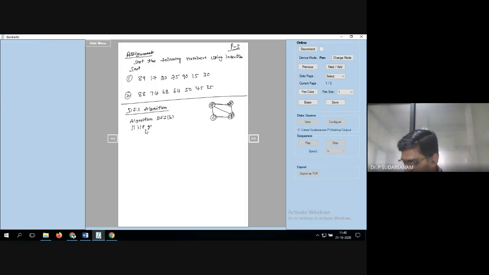Write it: G is equal to the set of vertices and edges. Output is the DFS tree.